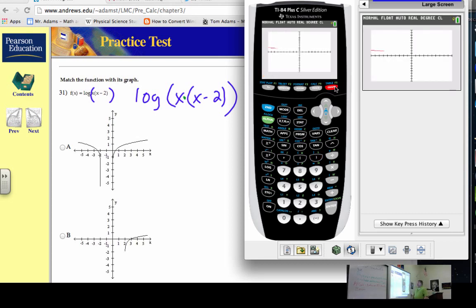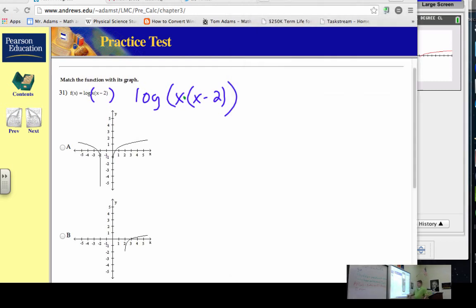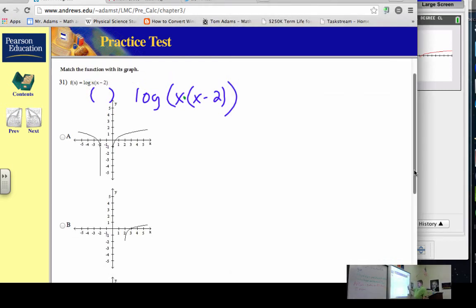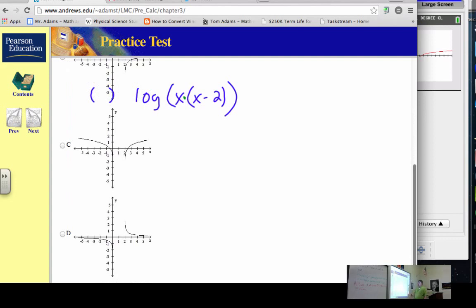Then hit graph. Okay? That's what it should look like. Now let's see if we get one just like that here. Which one is it? C, right? Let's see.